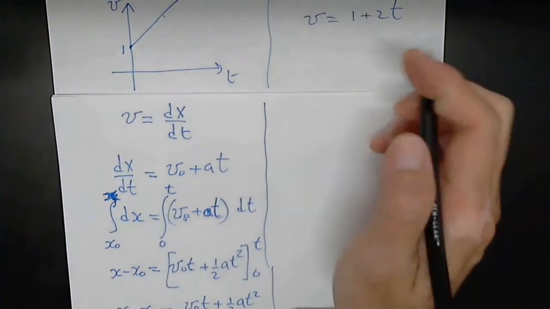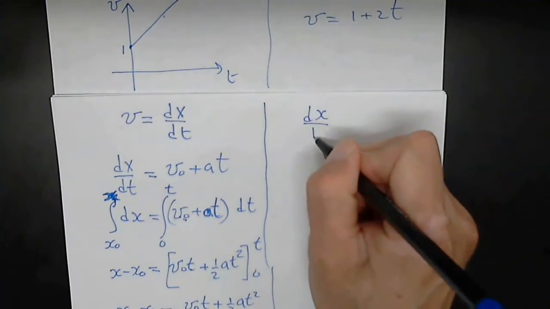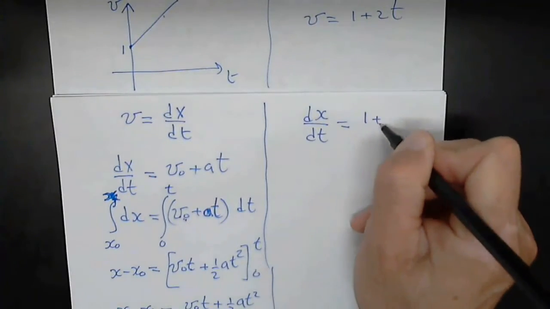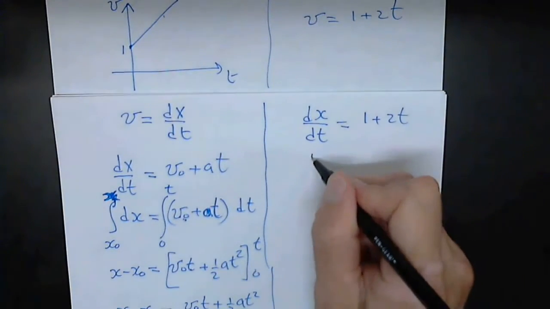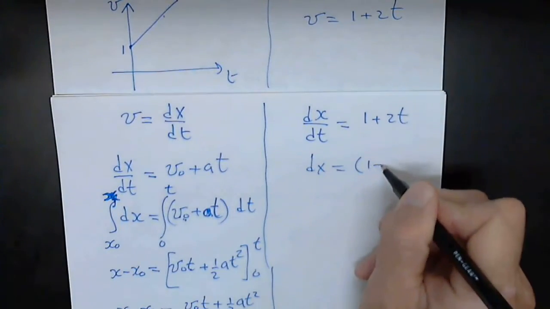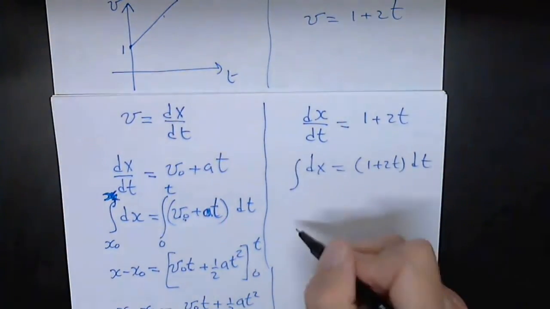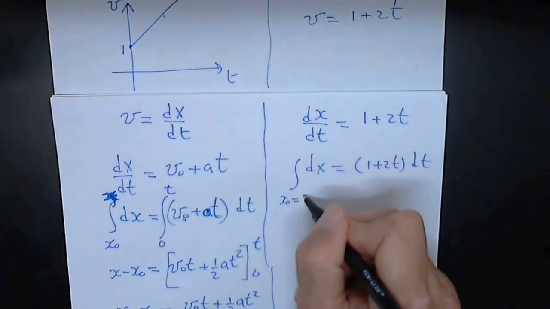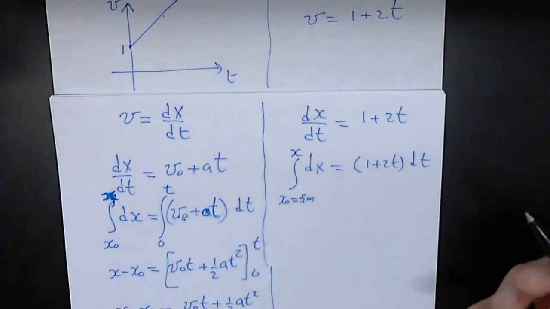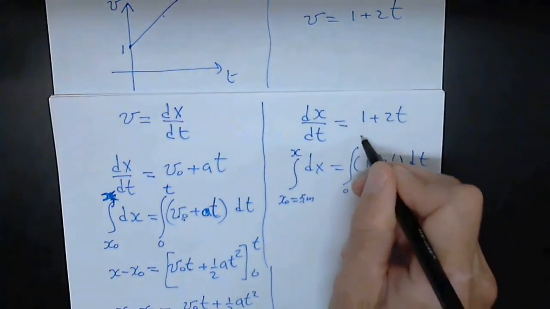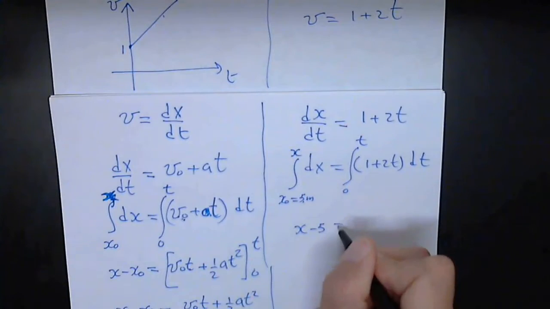Okay, we are going to do the same over here with numbers. So we have dx dt equals 1 plus 2t. And now we multiply by dt. And we are going to integrate this. Let's pretend the initial position is 5 meters, so x from 5 to x. And here we integrate from 0 to t. So over here we get x minus 5.